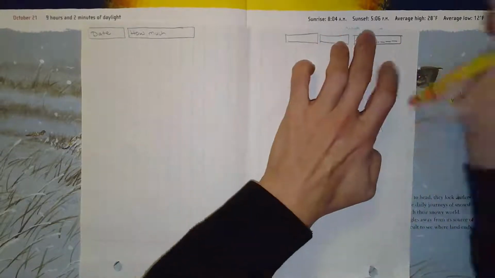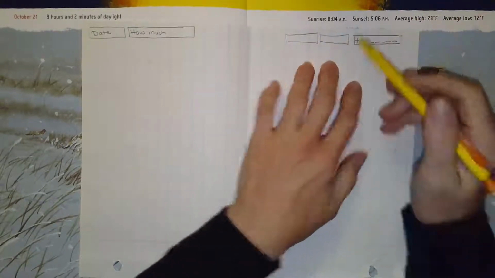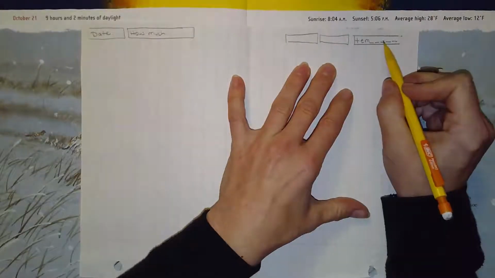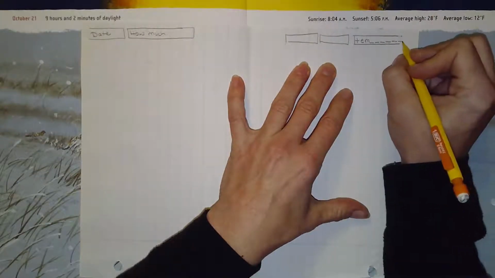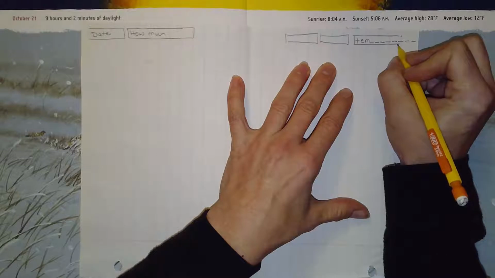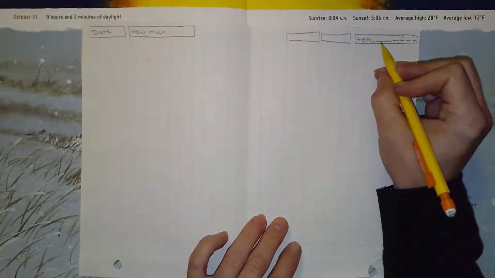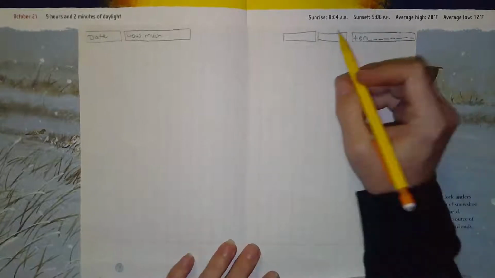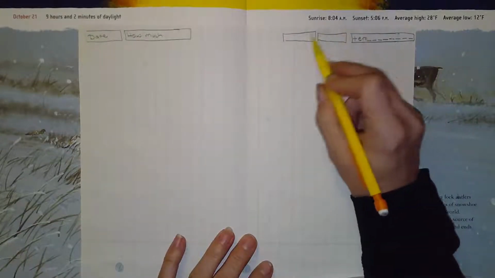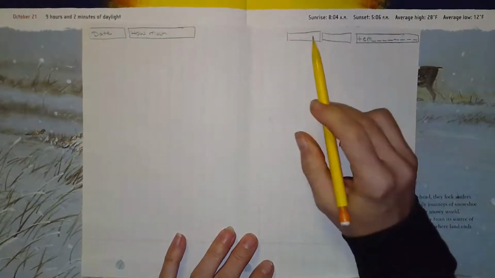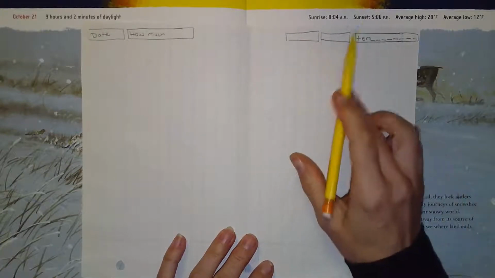I didn't leave myself enough space for the blanks. T-E-M. When you're talking degrees, you're talking about something. You finish that. This information, well, in your empty organizer, what would those be?